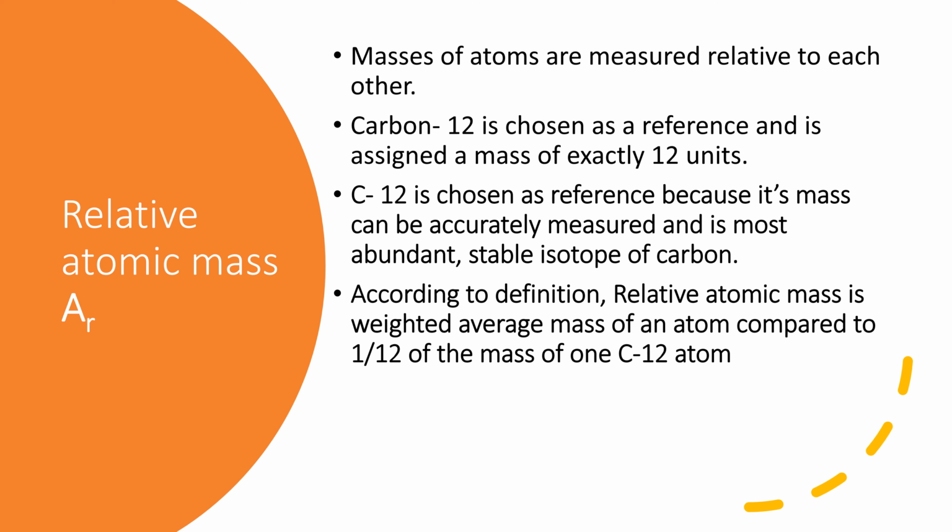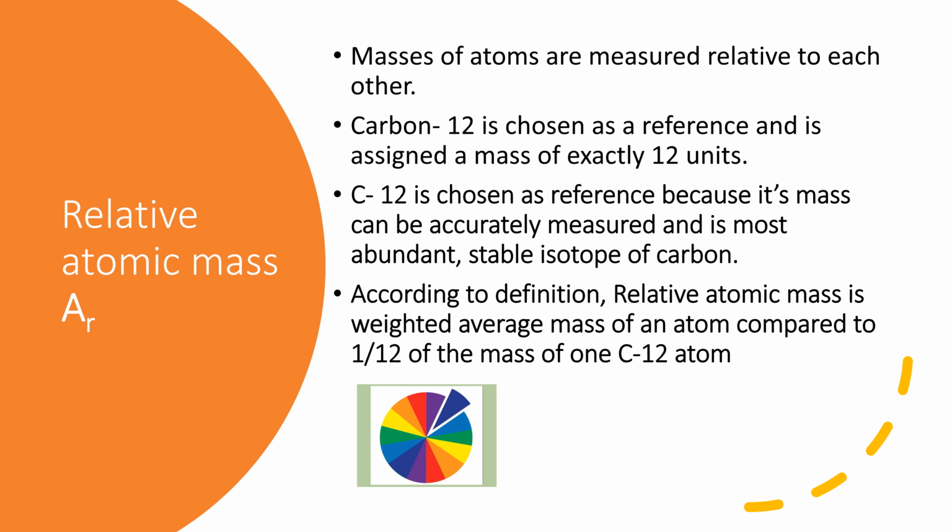According to definition, relative atomic mass is the weighted average mass of an atom. Weighted average mass, as it takes into account all isotopes and their relative abundance, is compared to 1/12 of the mass of one carbon-12 atom. What does this mean?